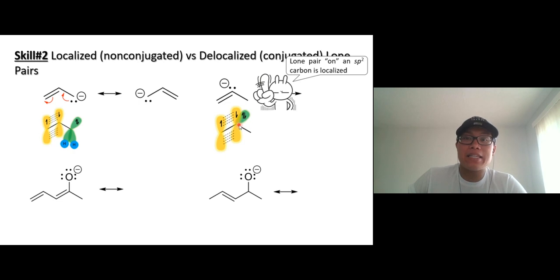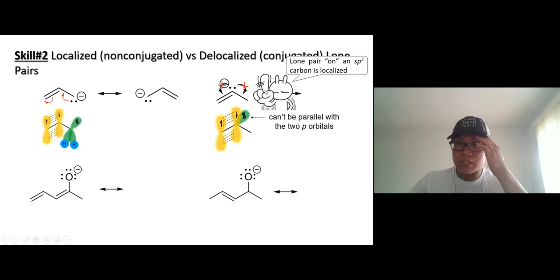There's no way this carbon can arrange itself to make the orbital with the lone pair parallel with the two p orbitals here. So my point is, the lone pair on an sp2 carbon is localized. It cannot move. You cannot draw any arrow there and get a resonance structure. It doesn't make any sense.